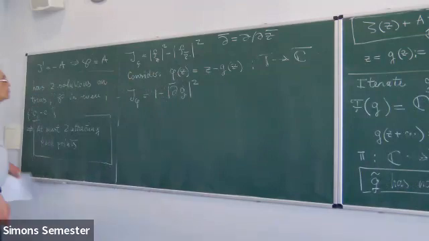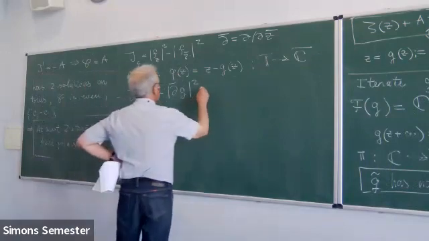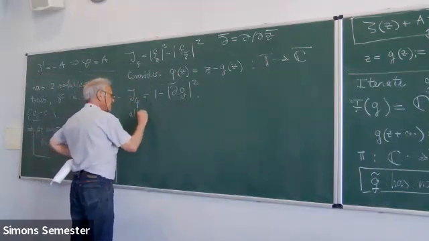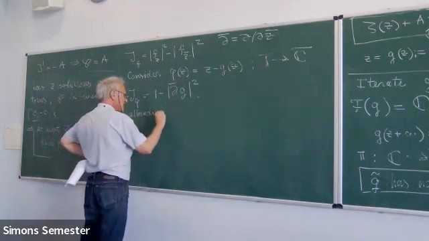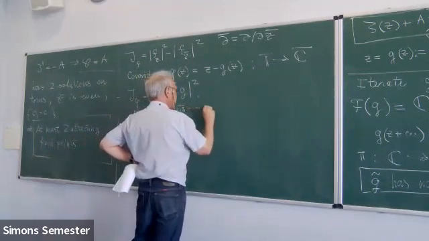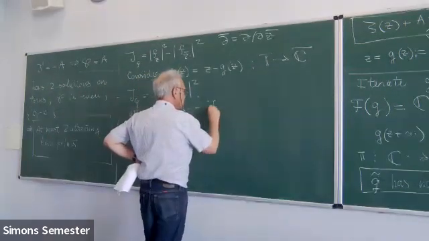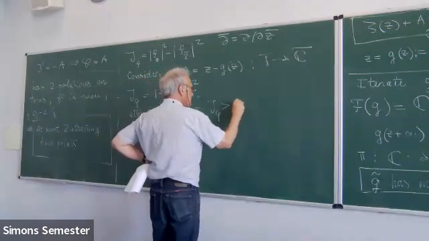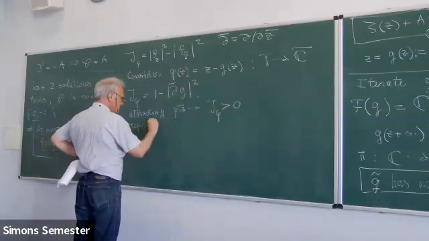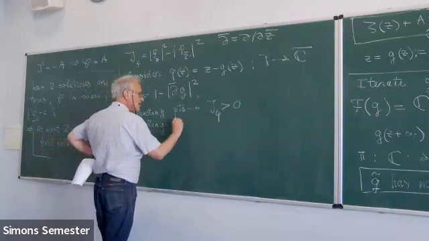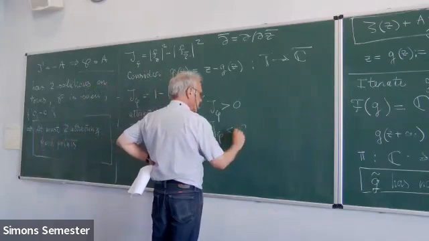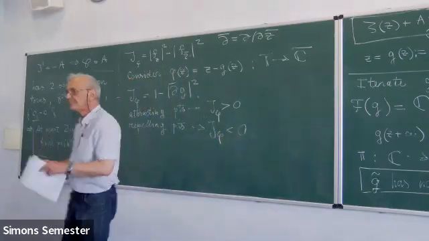Okay, so we conclude that at attracting points, orientation is preserved, and at repellent points, the orientation is reversed.